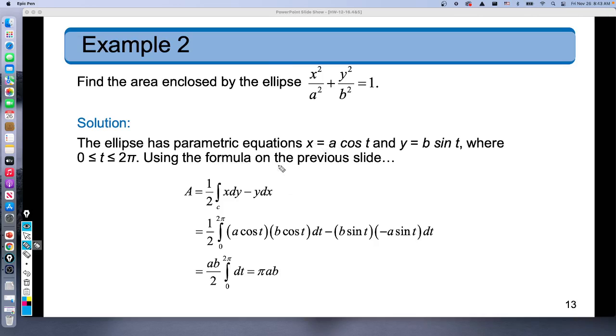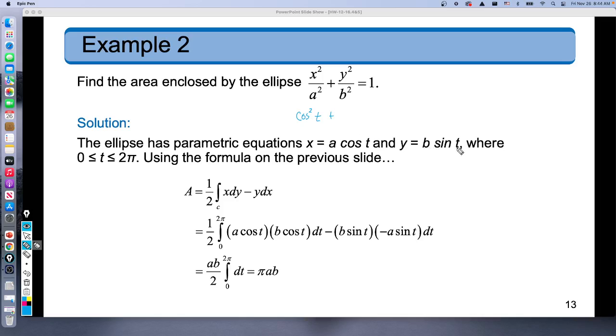And so when we use these formulas, if x is a cosine t, when you square it, the a squares will cancel out and you get cosine squared, right? So when we plug this in for x, we're going to get cosine squared t.